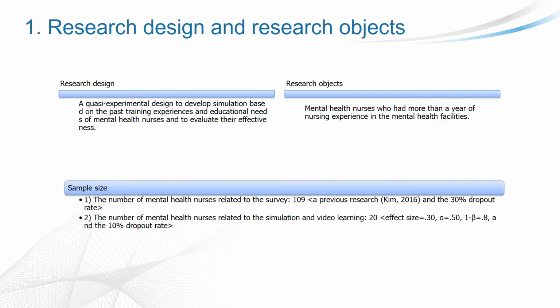The number of mental health nurses related to the simulation and video learning was set at 20, considering effect size of 0.3, significance level of 0.05, statistical power of 0.8, and the 10% dropout rate.